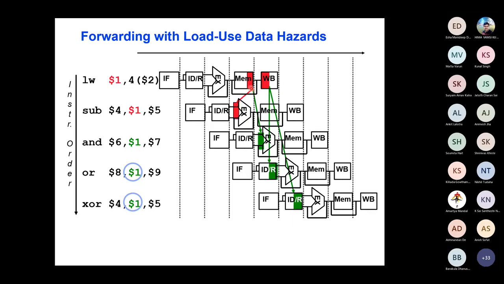So in order to implement this, green arrow, I need to do something extra in hardware, just like what we did in the case of execute to execute. Here I need memory to execute. So you need another set of forwarding from memory to execute.